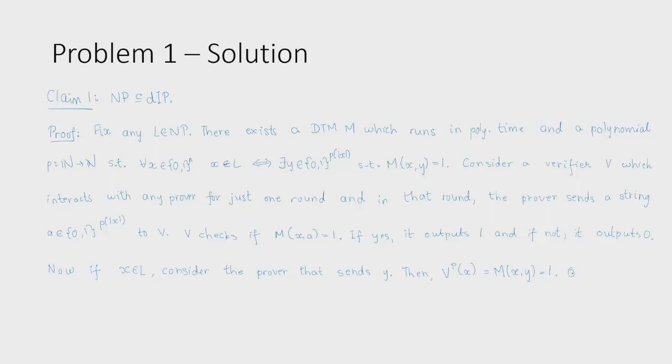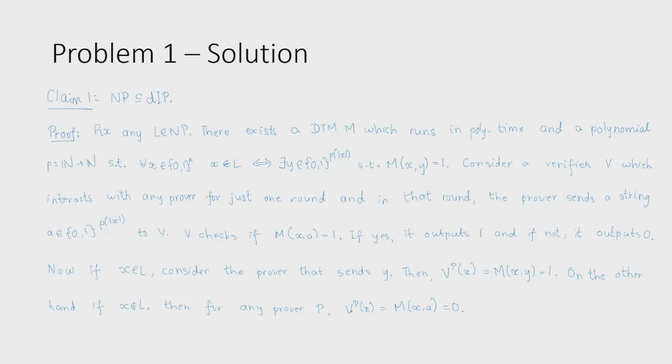If, on the other hand, X is not in L, then for any prover P, the output of V with P on X is just M(X, A), where A is the string that the prover sends, but this is 0 for all strings A in {0,1} to the P of size of X. So the output is 0.